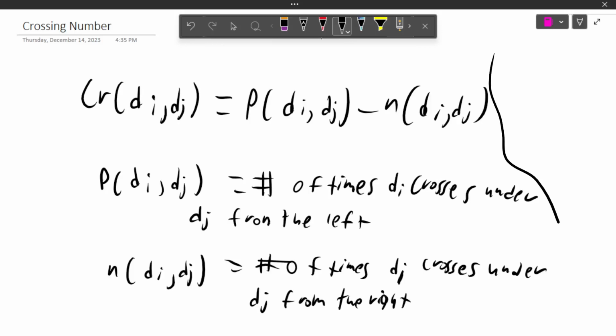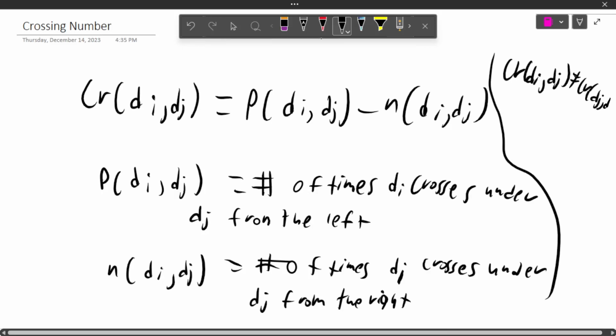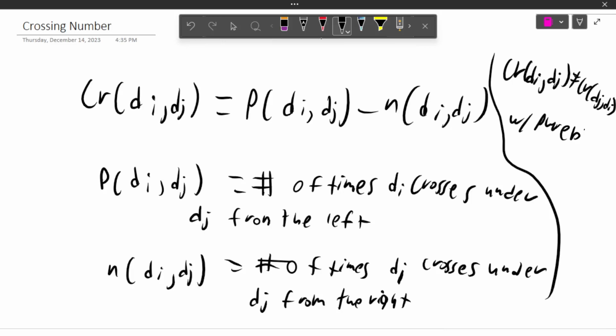Now, in general, these numbers CR of di dj is not going to be equal to CR of dj di. However, with pure braids, we have the special case where CR of di dj is equal to CR of dj di.